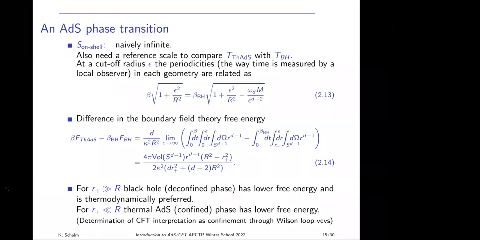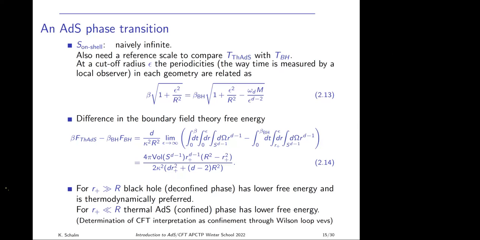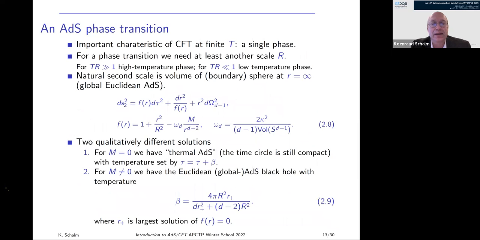Professor, I have a question. Sure. Hello. Yes. How do we compute the temperature for thermal AdS? Well, the temperature for thermal AdS is, you literally... it sounds a bit trivial, but here's thermal AdS. Thermal AdS has M equal to 0.